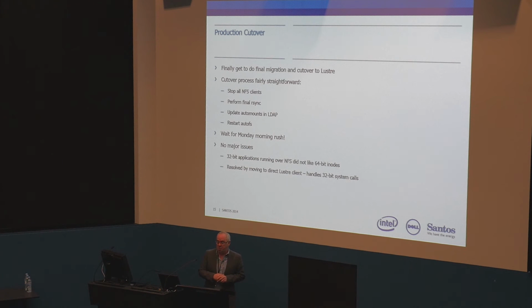There were no major issues. They use a variety of applications in their oil and gas research, and there were a couple of 32-bit applications that didn't like the 64-bit inodes, resolved by moving to the direct cluster client that handles the 32-bit system calls. So it all went very well.